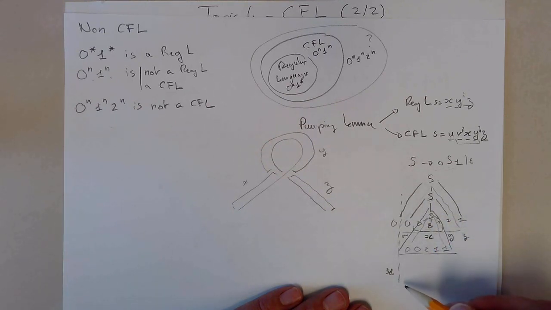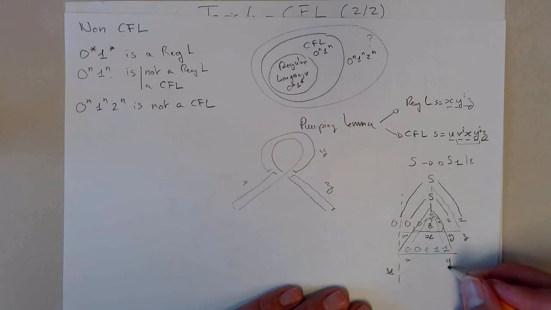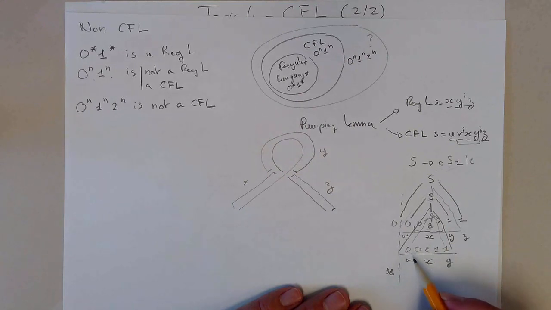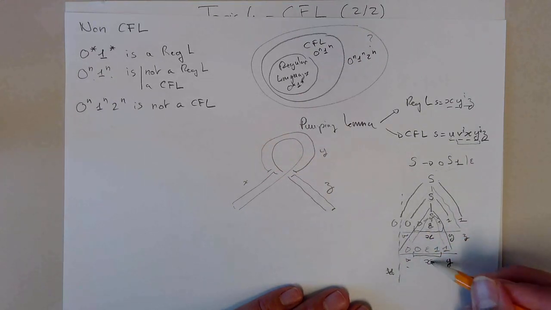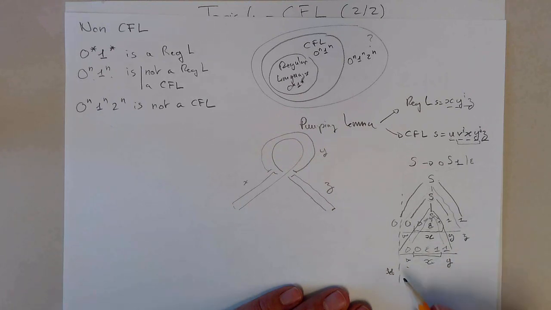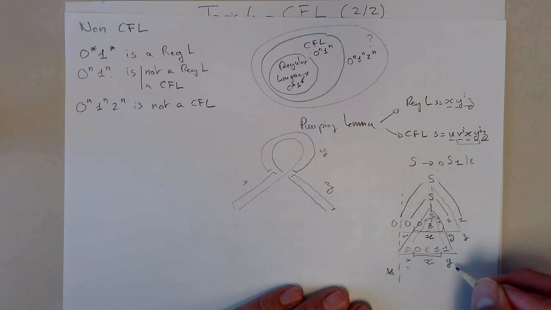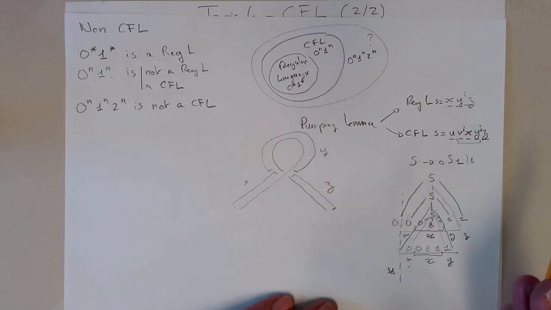The part that's been duplicated is really v. You now have 2v and 2y, and x didn't move. So you have u, v, v, x, which doesn't move, y, y, z. That's the gist of it.